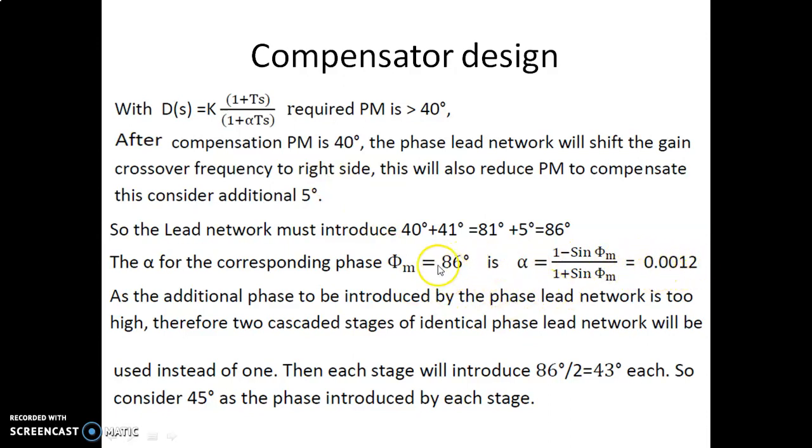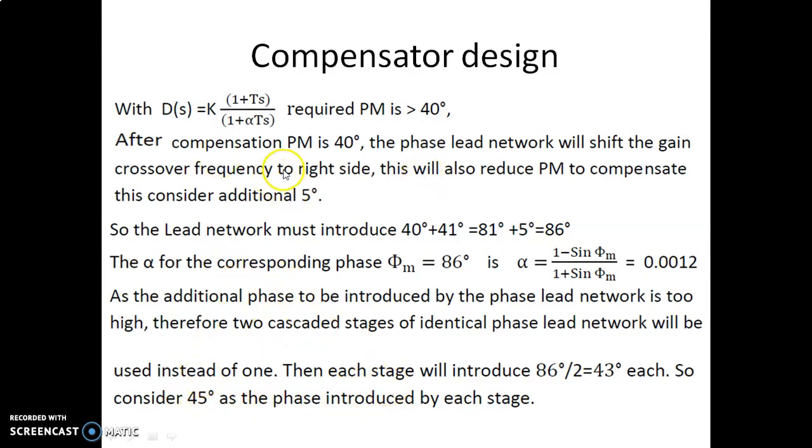Since the required phase margin is too much, it is not possible with a single phase lead network. We will go for a two-stage phase lead network. Each stage can give 43 degrees. Instead of 43 degrees, let us consider, with a slight tolerance, 45 degrees as the phase introduced by each stage.